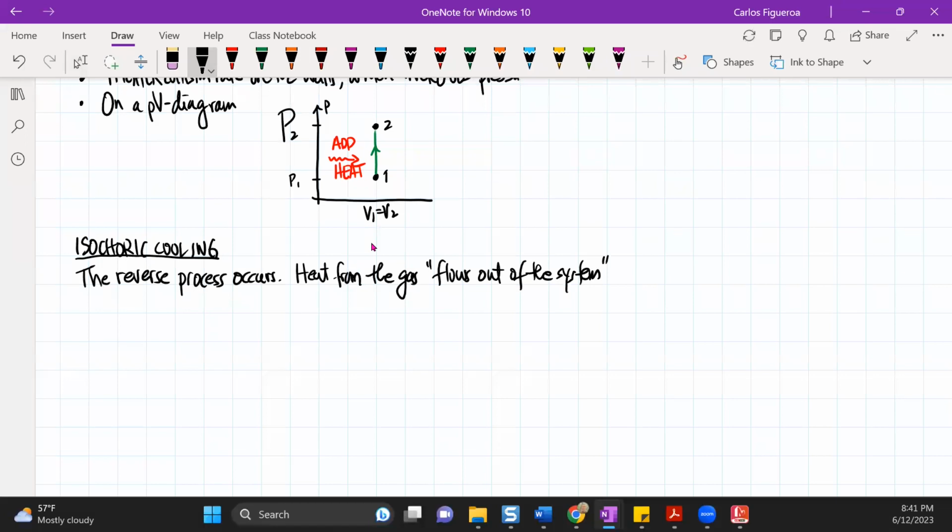So heat is removed. And that implies that there's going to be a decrease in temperature and K micro. That changes the pressure proportionally.